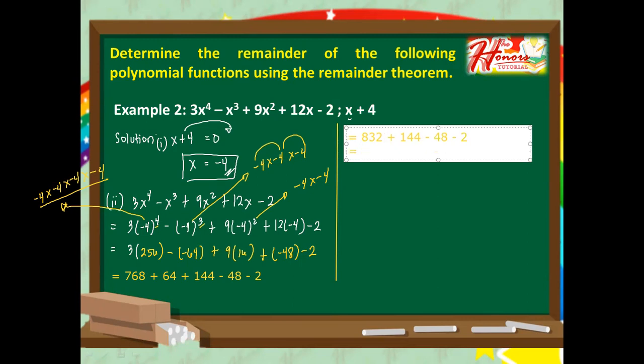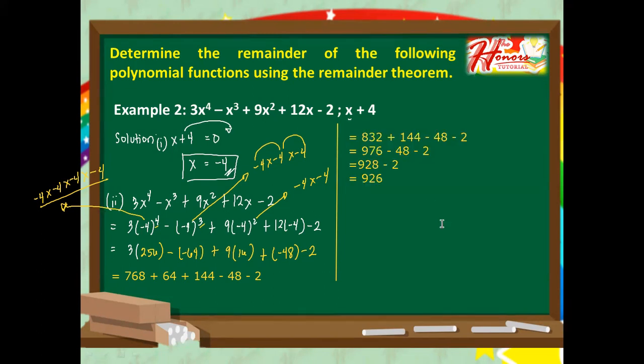So 832 plus 144, that's 976, minus 48, minus 2. 976 minus 48, that's 928, minus 2, that's 926. So therefore, the remainder of this equation is equal to 926.